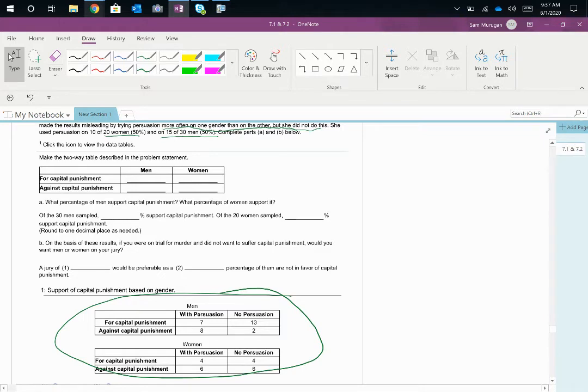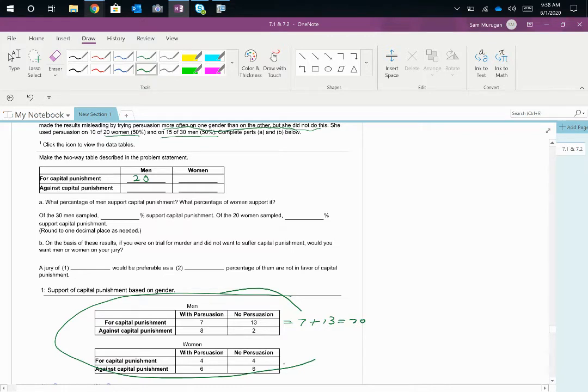For capital punishment, the total for men is equal to 7 plus 13, which is equal to 20. So that's our first part of the table.